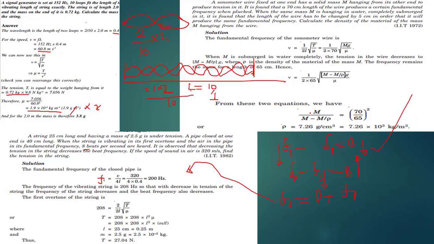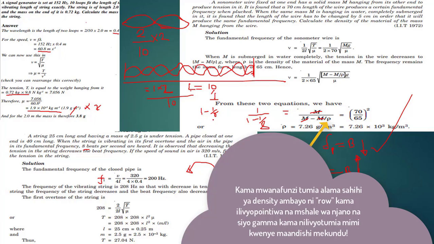So you can proceed here by cancelling m and m throughout, so you remain with 1 over 1 minus 1 over density. Okay, it becomes like that, but to make things simple you can take this up, meaning you take the reciprocal on this side and the reciprocal on that side, so it becomes 1 minus 1 over density. Okay, divided by 1 of course because on top it is 1, and on this side it changes and becomes 65 on top over 70, which were squared.